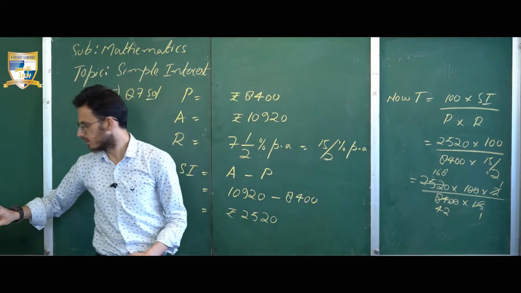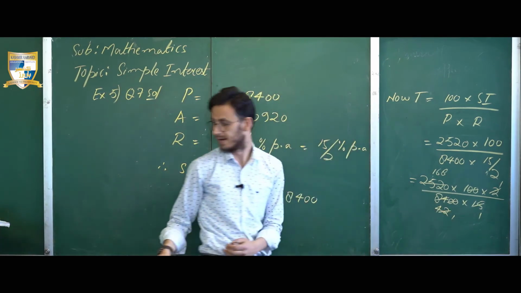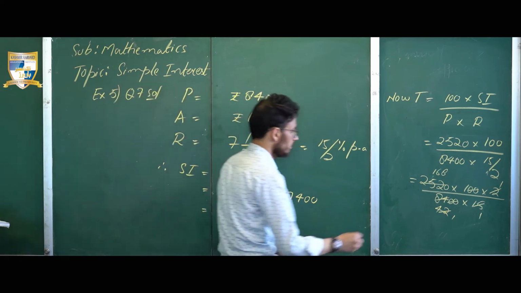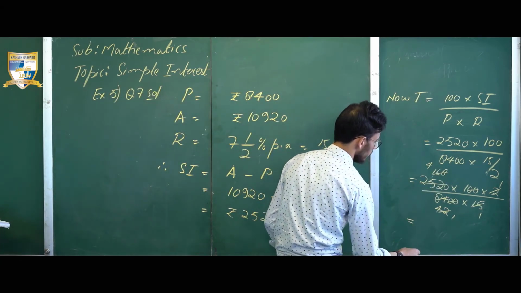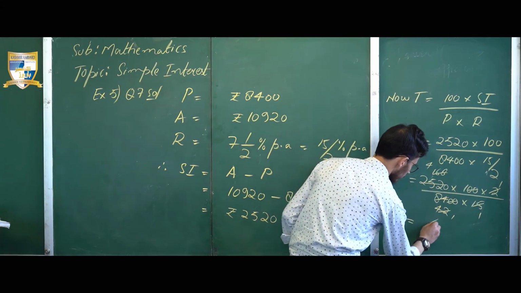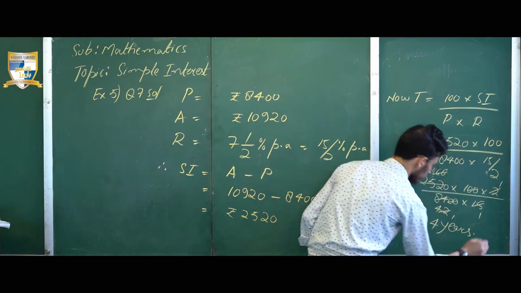After that you will do the cancellation of 41, and here comes 4. What I'm doing is simple cancellation here. After this you will get your time, which is equivalent to 4 years.